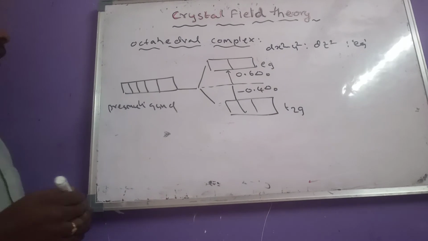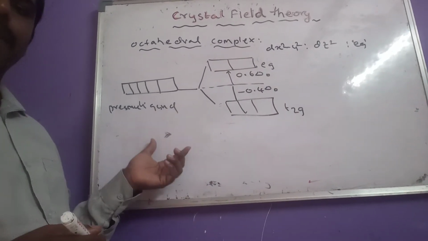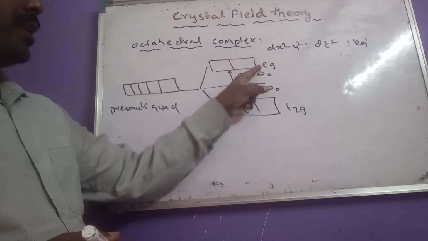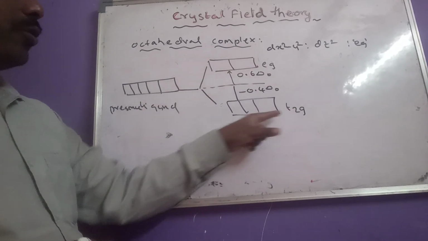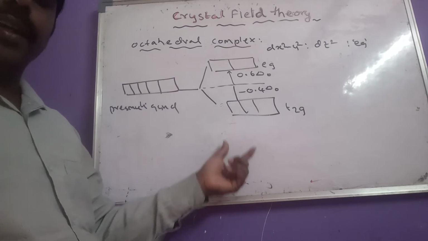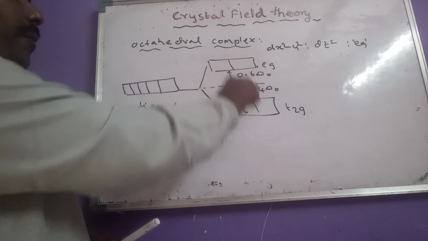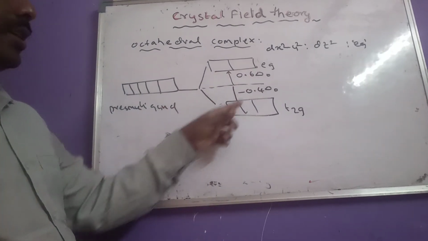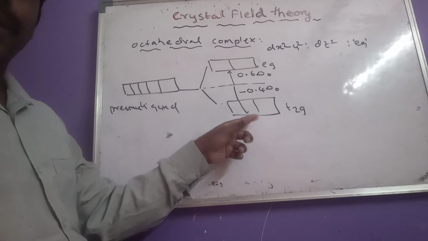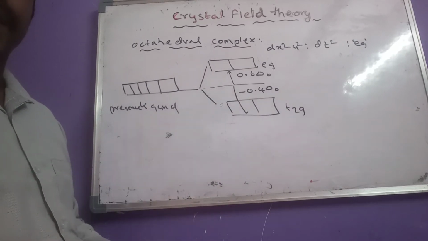So in octahedral complexes, the Eg set has high energy and the T2g set has less energy, and the energy gap between these two sets of orbitals is known as delta naught, the crystal field splitting energy.